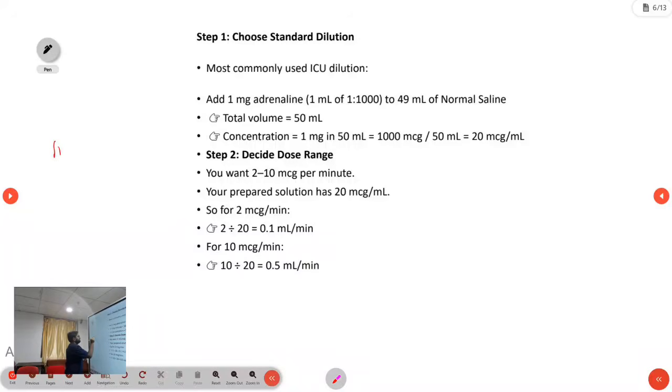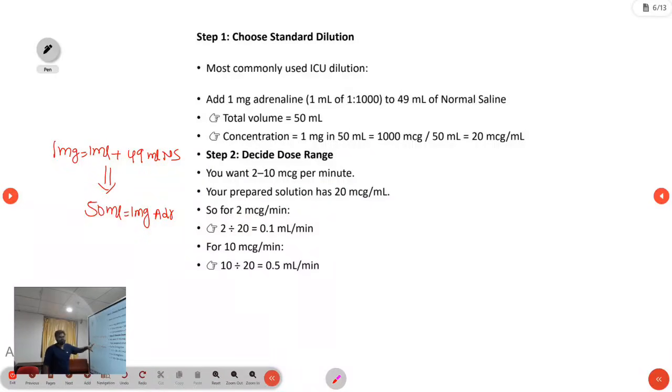So 1 mg equals 1 ml plus 49 ml of NS. So total 50 ml. So 50 ml of solution consists of 1 mg adrenaline. So now this is our total volume.